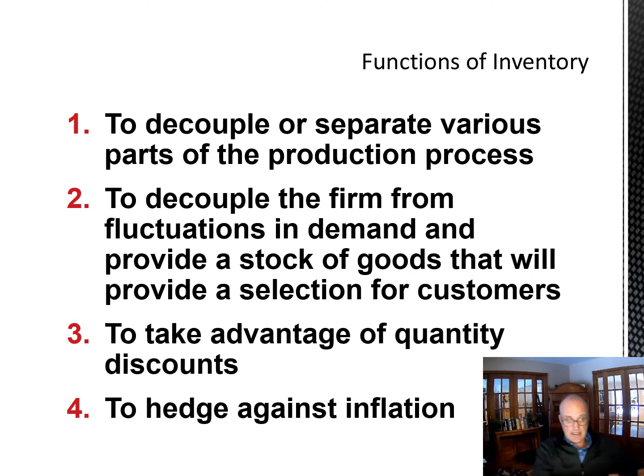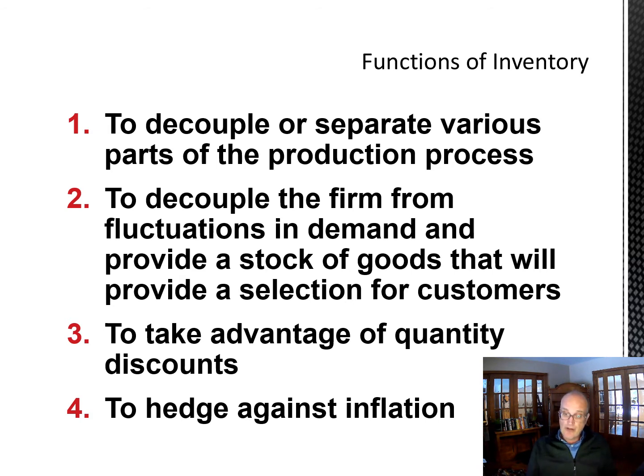inventory not only at the customer interface makes sure that we can deliver products when they want, but inventory can serve several functions throughout the production process. And it says here to decouple or separate various parts of the production process.